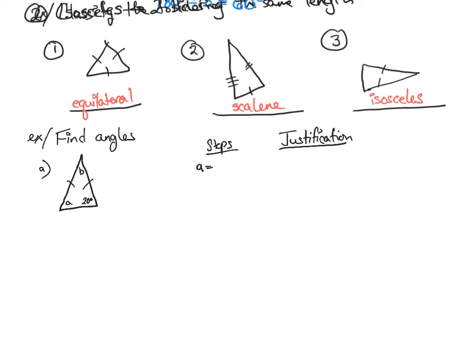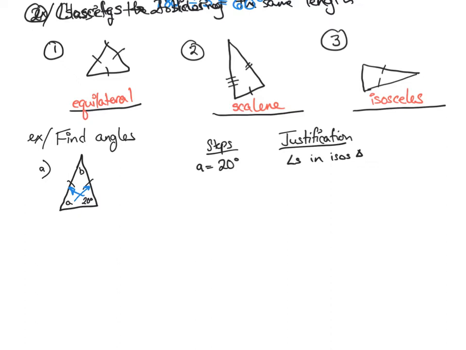A equals 20 degrees, angles in isosceles triangle, okay, because the two that are opposite are the same, so they're the same.